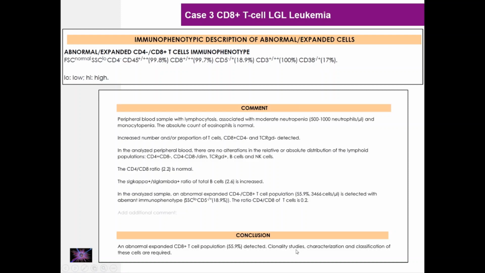And again, whenever there is a clonal expansion of T cells, it will indicate that we should move to clonality studies, as a first step, as EuroFlow recommends, and then in case we find clonality, we should go to characterization and classification of these cells.